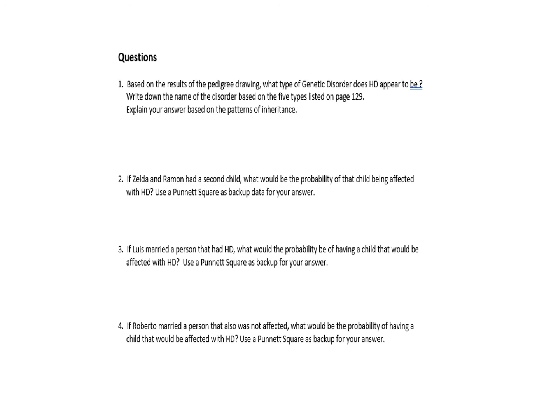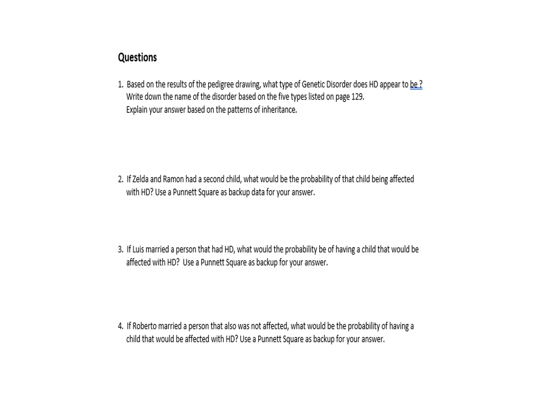So the probability is going to be what percentage of a chance the children that they have would have to have that disease or be afflicted. So you could say they have a 25% chance, 50% chance, or basically 2 out of 4 of the kids.